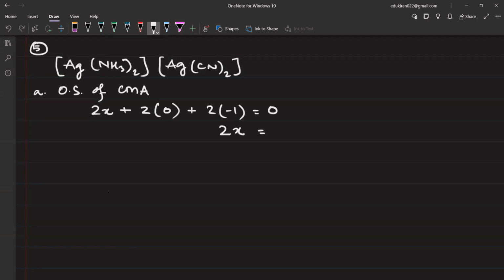So 2x will be equal to how much? Tell me guys. 2x will be 2, so x will be +1. Got it?